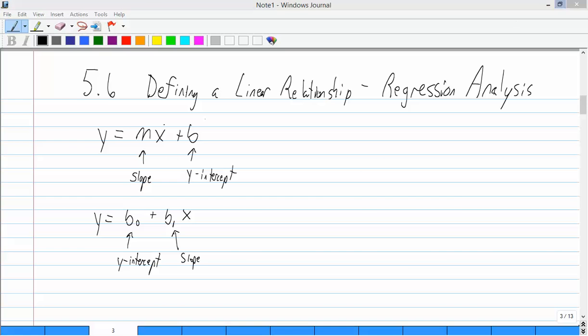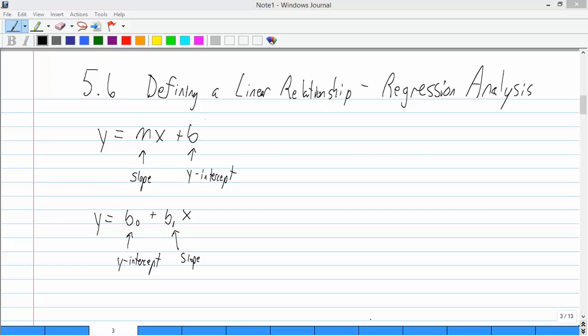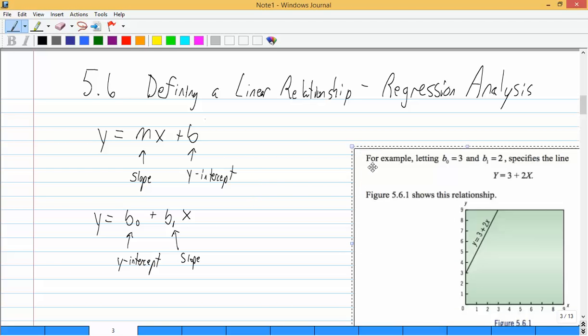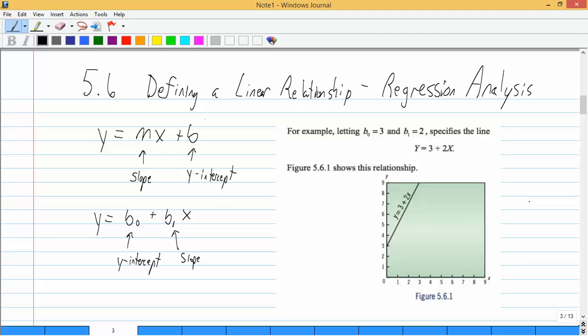Alright, I'm going to show you an example from the book of what I'm talking about. This comes from page 199 in your ebook. So if we let b sub o equal 3 and b sub 1 equal 2, you'd have y equals 3 plus 2x.